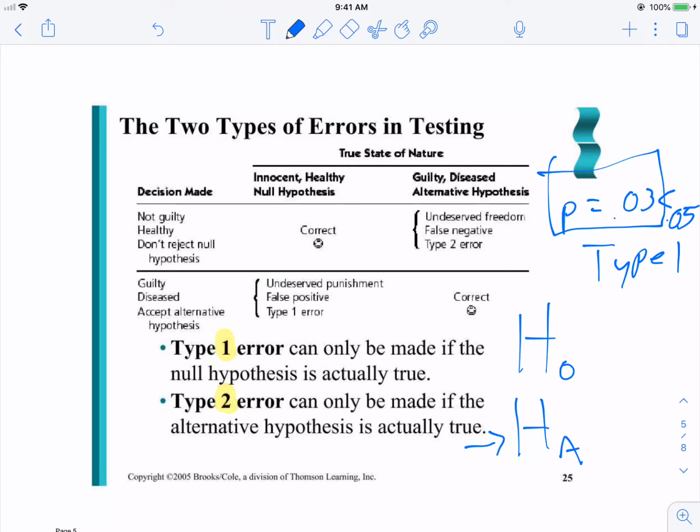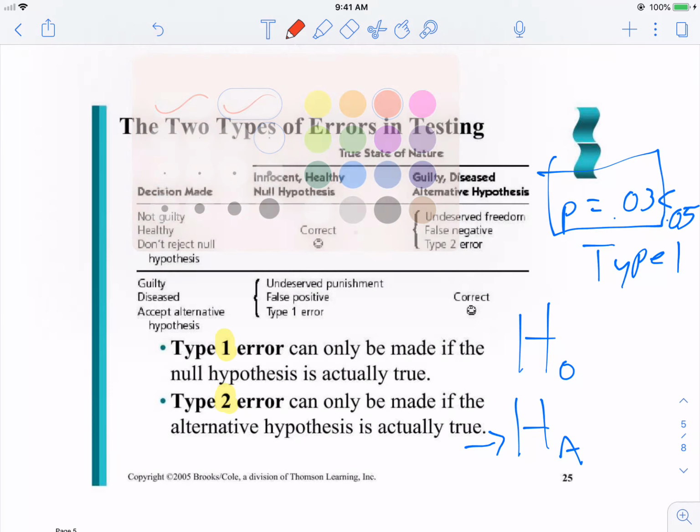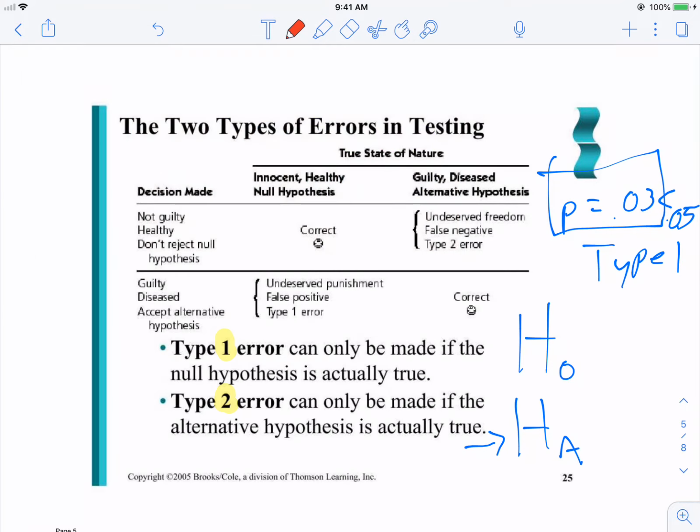A type 2 error cannot be quantified. A type 2 error would mean that the alternative hypothesis is true, but you did not have a p-value that was low enough, so you believe that the null hypothesis is true. Okay? Again, the number of the error is the hypothesis that is actually true.